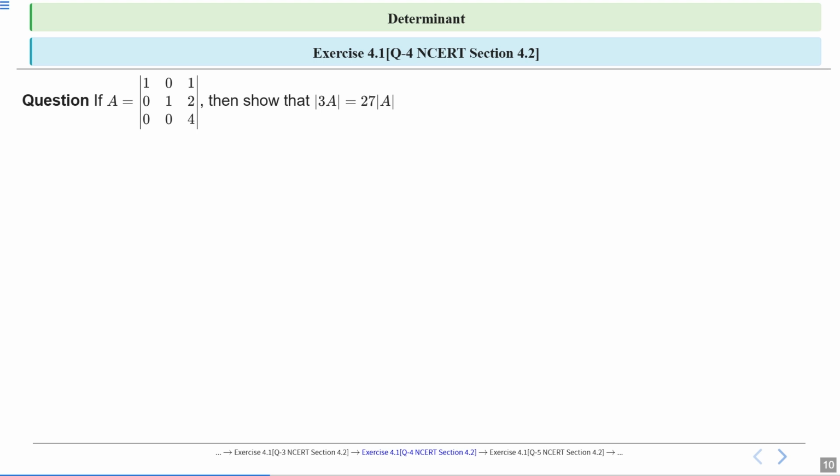So, same as the previous question, at first we have to calculate the matrix 3A, and then we have to find the determinant of 3A. And for the RHS part, we have to calculate the determinant of A and then multiply with 27. And we have to check, is it equal or not? So try.